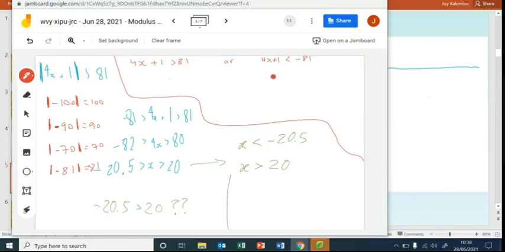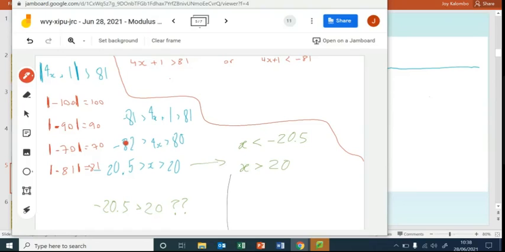Why could we switch it around? What do you mean? Why can we change what's greater and what's less than? Well, if you think about numbers in general, which modulus numbers are going to give you something greater than 81?